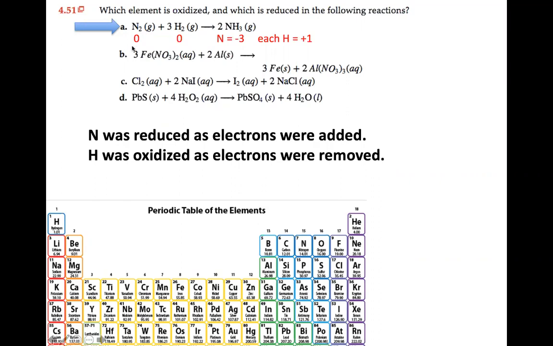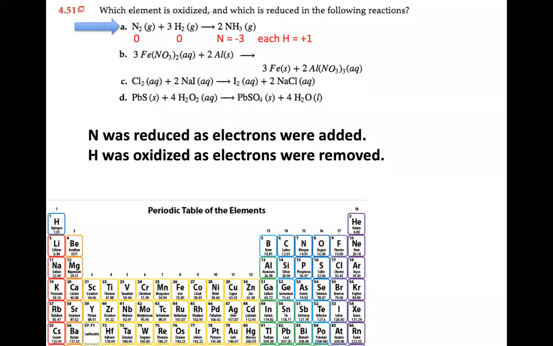So in order to go through the scheme here of identifying what's oxidized, what's reduced, we first start by assigning the oxidation numbers. Take a second, see if you can do example C for me. See if you can assign the oxidation numbers in C and determine what was being oxidized and what is being reduced.